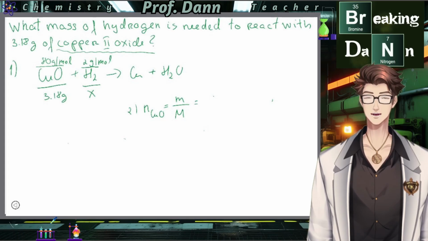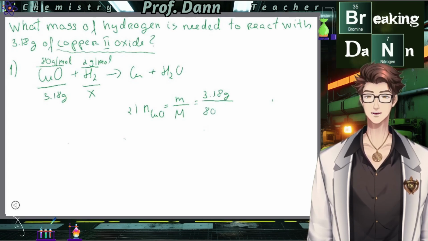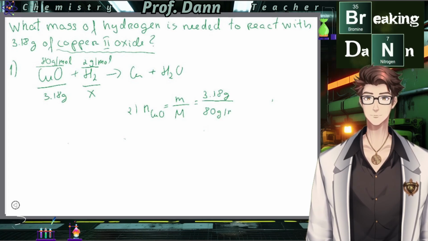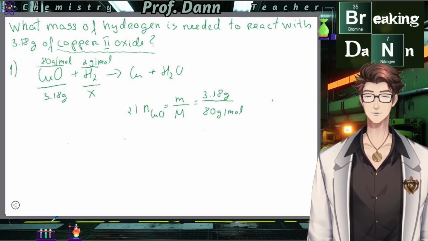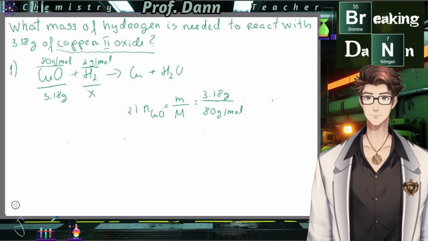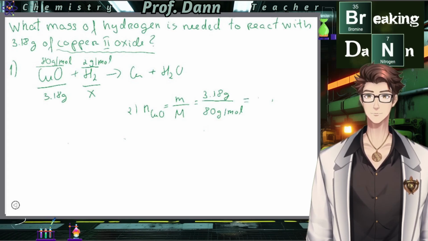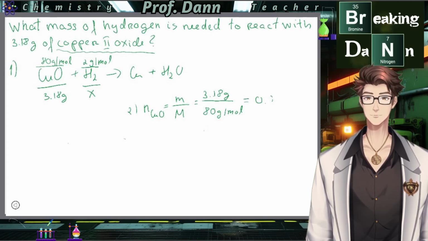So the mass is 3.18 grams, and we have to divide this by 80 grams per mole. And we get 0.04 moles.